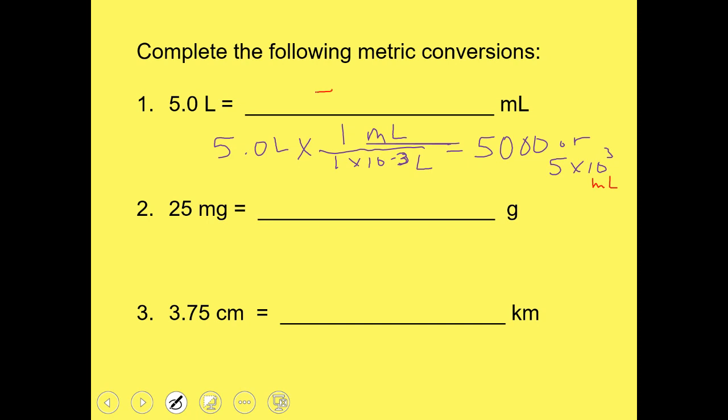So your answer is either 5,000, or if you put it in scientific notation, there you go. 5 liters, 5,000 milliliters, same volume, just expressed in different units.